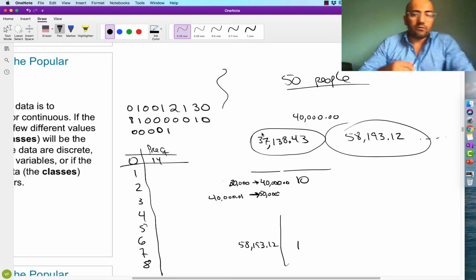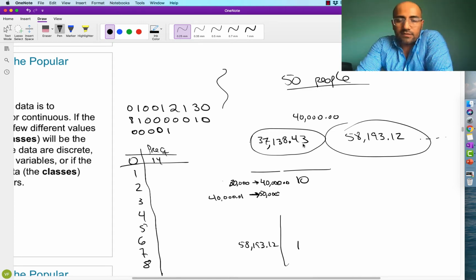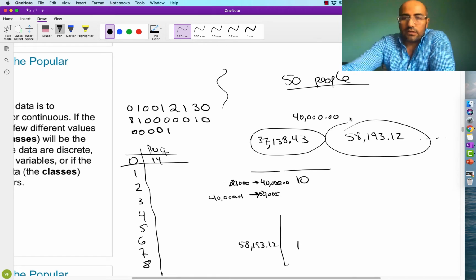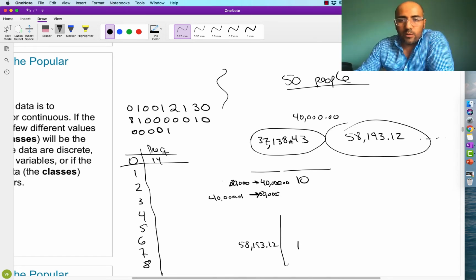Another thing we could do is just round to the nearest whole dollar. Right? And if we round to the nearest whole dollar, so like let's say that this one is just rounded off to 37,138, and this one's rounded off to 58,193. So if we just round to the nearest whole dollar, there's no pennies, then we don't have to worry about this.